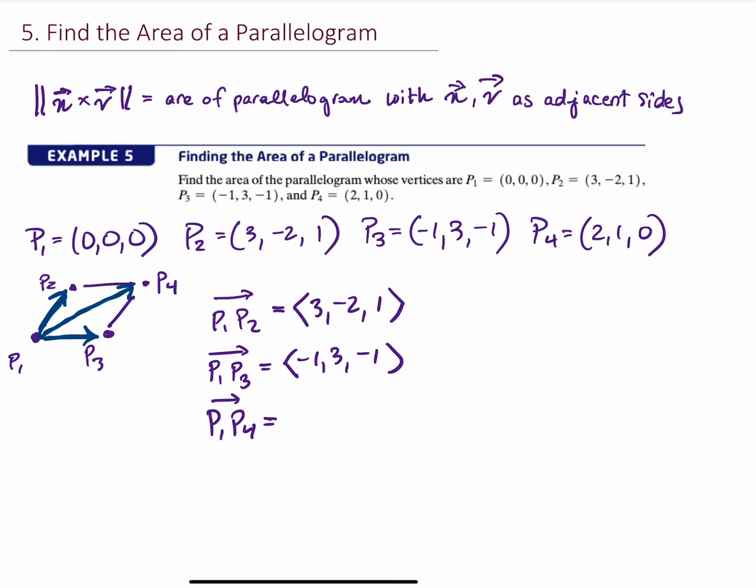The one going from point 1 to point 4 should be 2, 1, 0. So the question is, are any of these the sum of the other two? Well, if I add the first vector with the second vector, we would add their components. So 3 minus 1 is 2, negative 2 plus 3 is positive 1, and 1 minus 1 is 0.